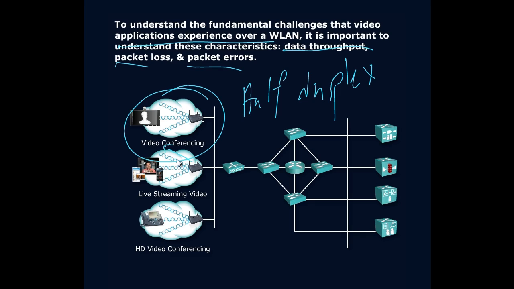If we attempt to send and receive at the same time, we have what's called a collision, and then a back off timer, and then we have to resend again. This is something that used to be in our wired networks, but no more. We only see half duplex in our wireless environments. This is why our speeds are not the same as our wired environments. And just because we're wireless, we're going to lose more packets than a wired network by far.